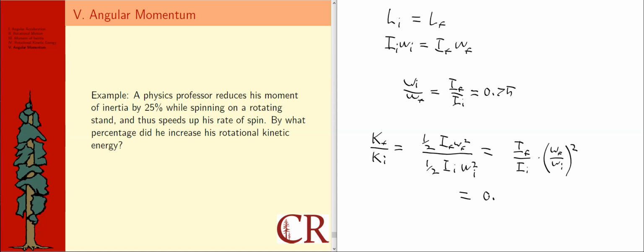That's equal to 0.75, but omega initial over omega final equals 0.75 implies that omega final over omega initial is equal to 1 over 0.75, since this is the reciprocal of this ratio, and the reciprocal of a number is 1 over that number.